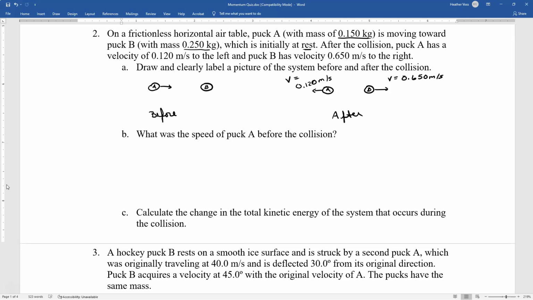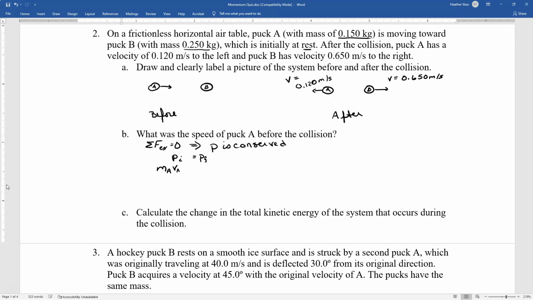We want to know what is the speed of puck A before the collision. So if the net external force is 0, that tells us that momentum is conserved. So that means the momentum we had initially is going to equal the momentum that we have after the collision.